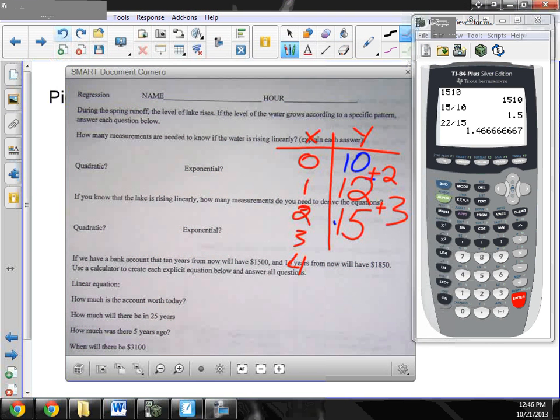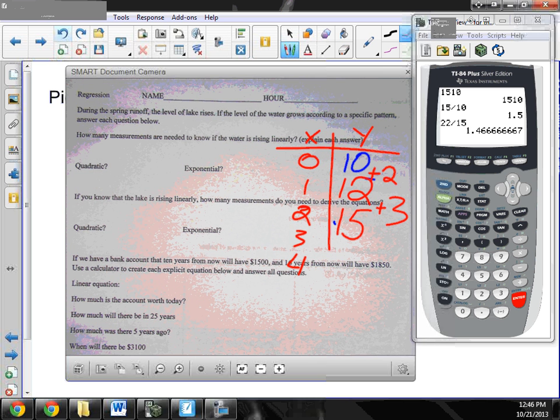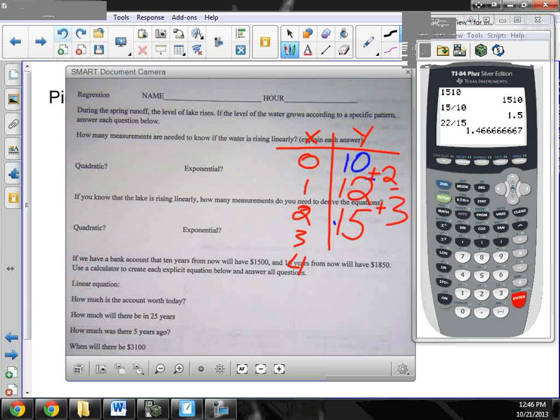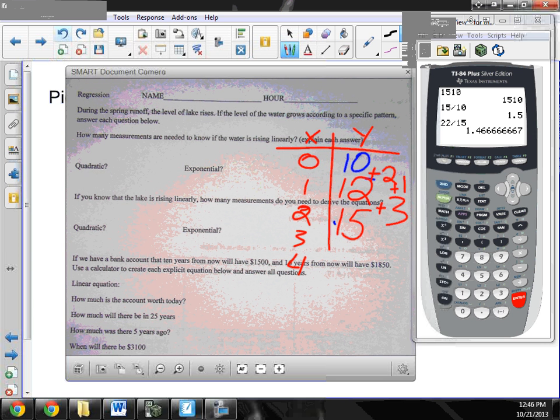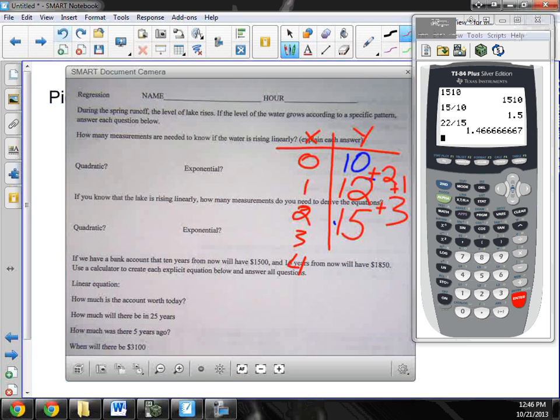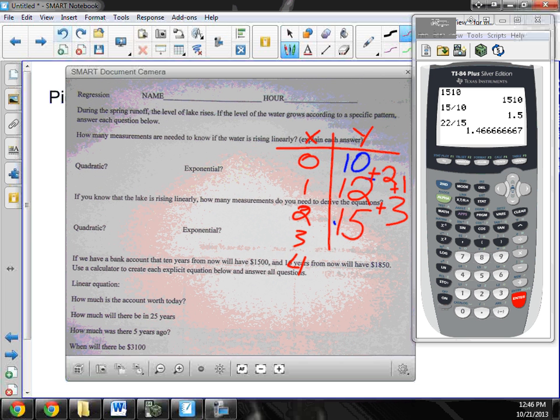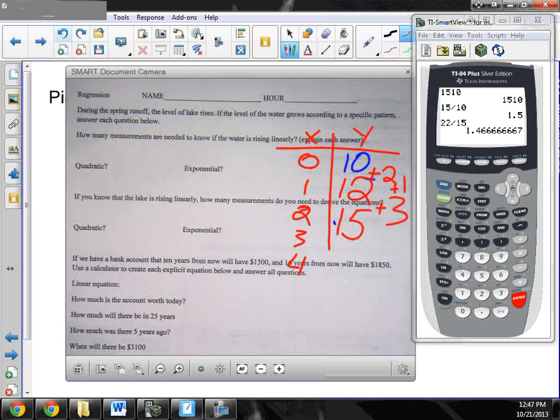How do we know if it's quadratic? Second difference, so I have a plus 1. Oh, great. The second difference is 1. I need another term so I can create another first difference so I can create another second difference.